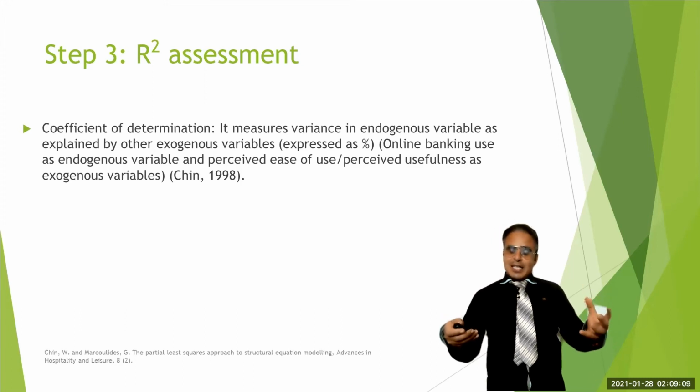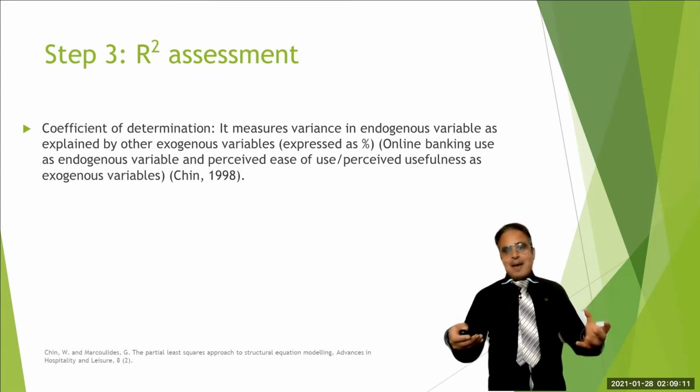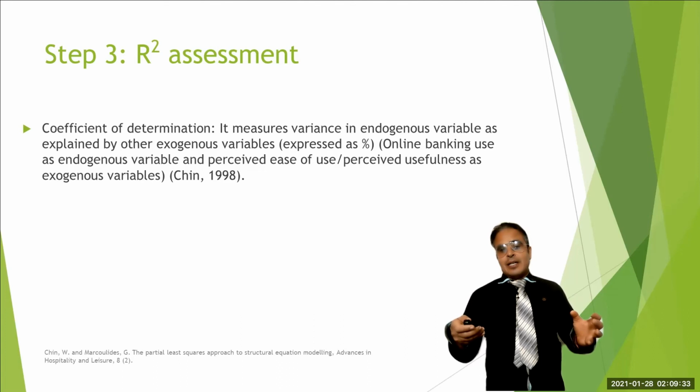For instance, we are studying online banking use. R-square will give us a percentage telling us that the factors you are studying affect 60% of the variance in online banking use. So this is R-square. It is a key figure in your results or in your study.